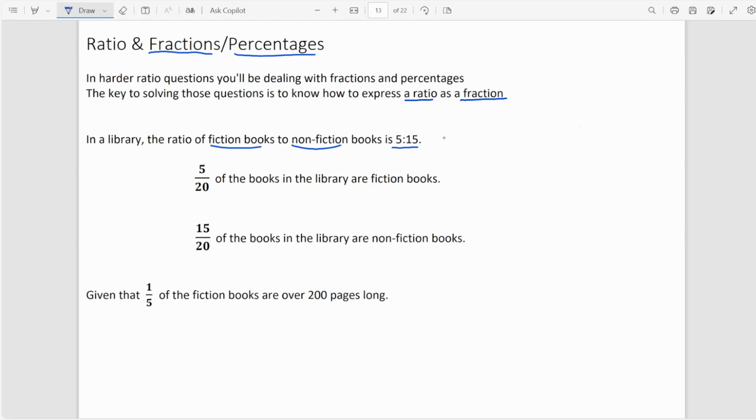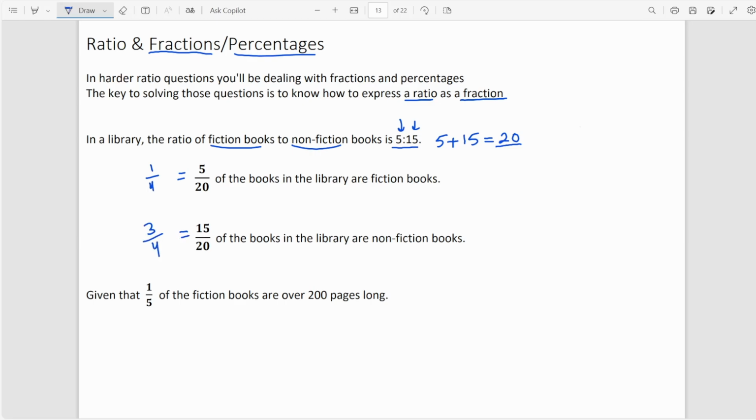Well, I firstly added 5 plus 15, and I got 20, which was the total number of parts. And we know that fiction books have 5 parts, so 5/20, okay? And non-fiction books are going to be 15 parts over 20. And these fractions aren't even simplified. You can further simplify, for example, this fraction into 1/4. And this fraction over here into 3/4.